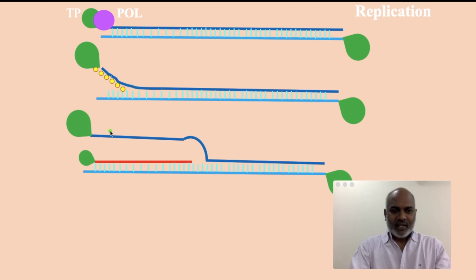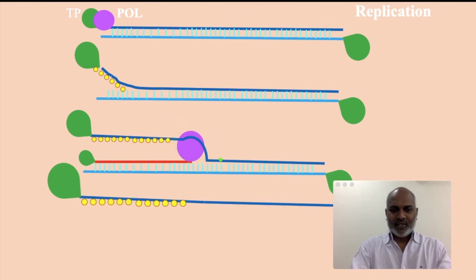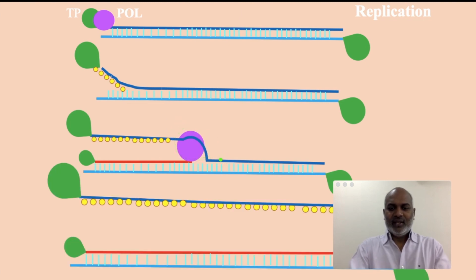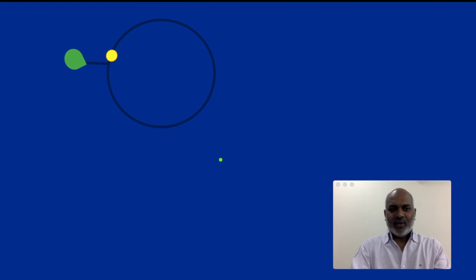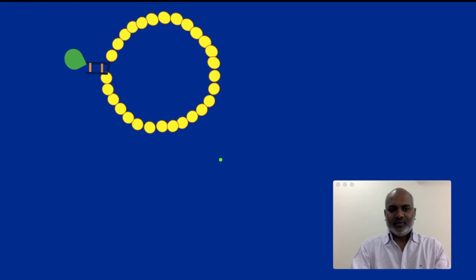So one strand will get displaced, then the other strand acts as a template, and there is synthesis of a new strand with the help of virally synthesized DNA polymerase. Once the single strand synthesis is over, it tries to form a circle-like structure, a pan-shape-like structure.